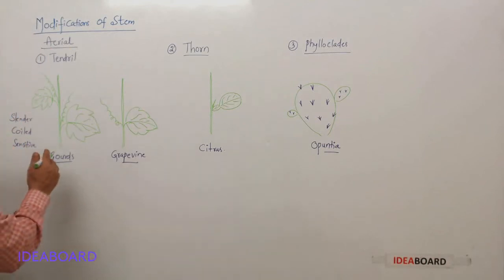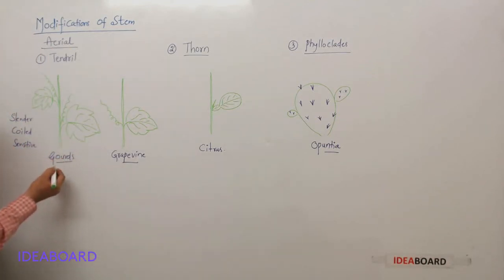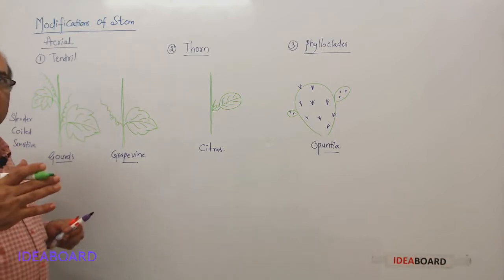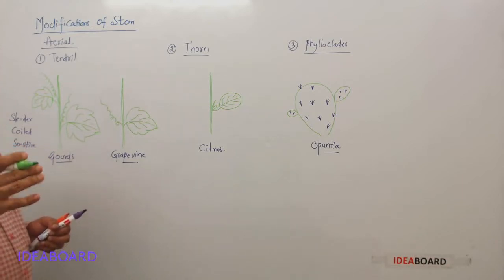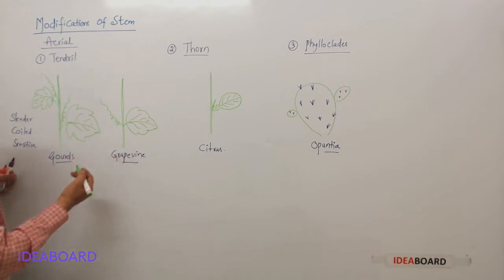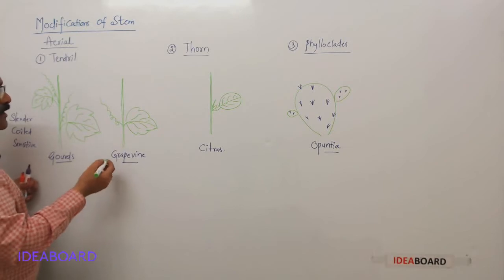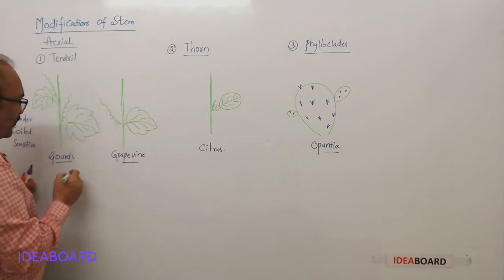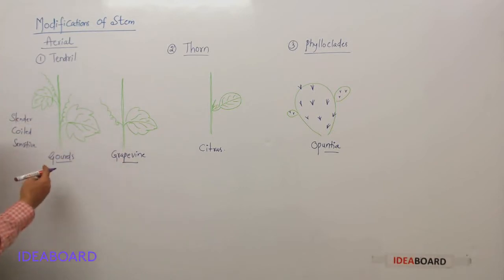And here the examples are gourds. You heard about bitter gourd, angular gourd, snake gourd, all these gourds which belong to the Cucurbitaceae family. All of them have their axillary buds modified into tendrils. And another example, grapevine. In this plant, the terminal bud is modified into the tendril.